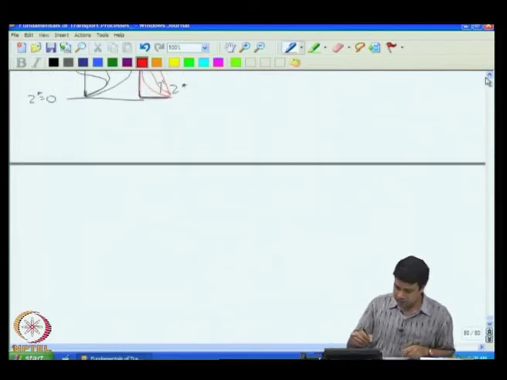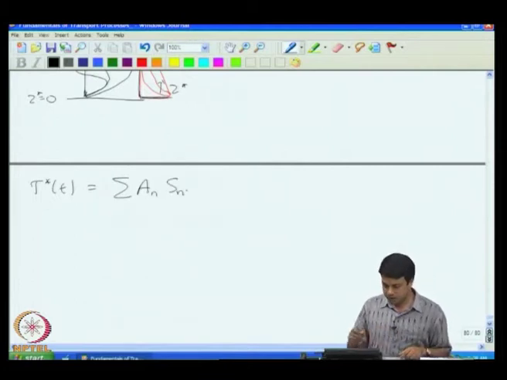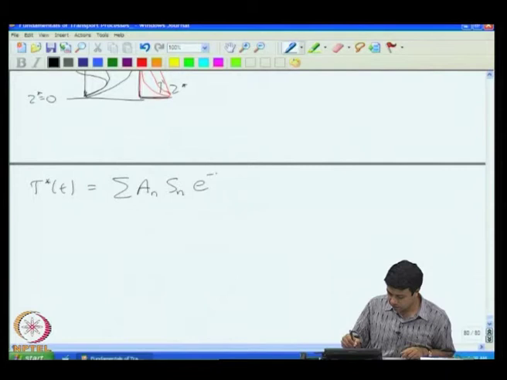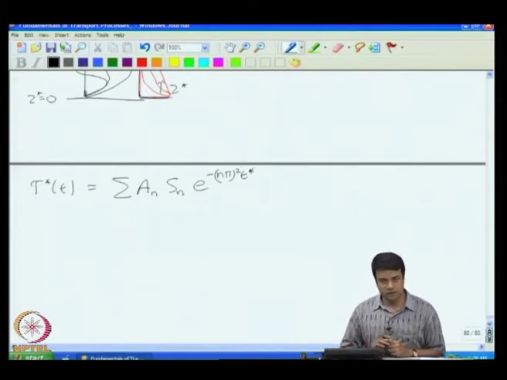So, in my solution procedure, what I have done is to express T star transient as some summation of a_n times S_n times e to the power minus (n pi) the whole squared times t star, where S_n is a function of z, equal to sine of n pi z.